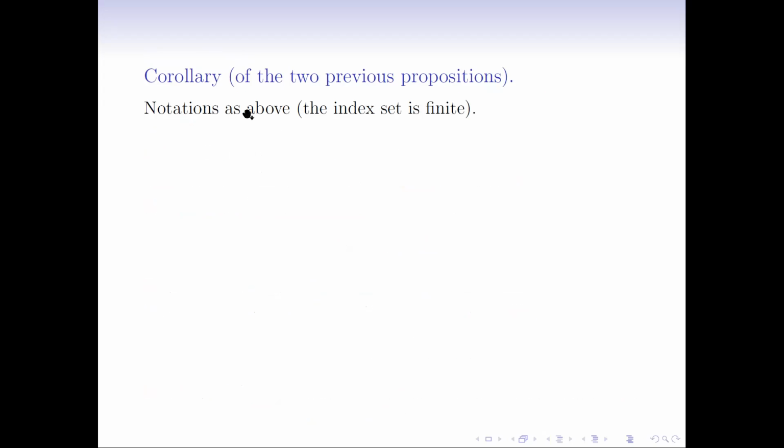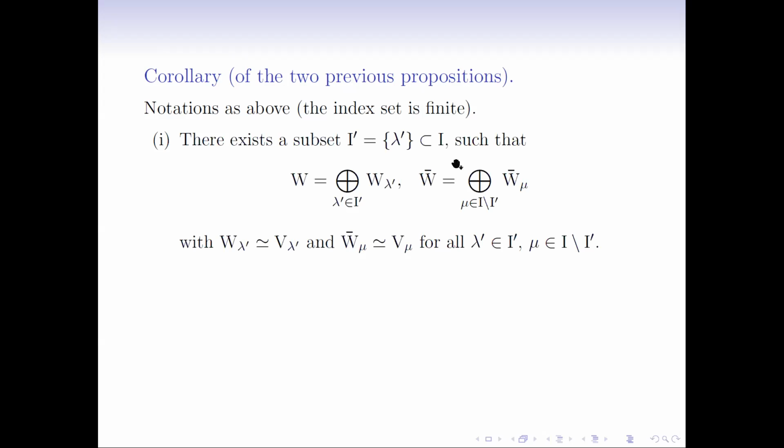The following simple corollary of the two previous propositions sounds as follows. The notations are as above. The index set is supposed to be finite. W is a submodule of V. Then there exists a subset I prime of indexes lambda prime inside I capital, such that W is the sum of simple submodules parameterized by this subset I prime.